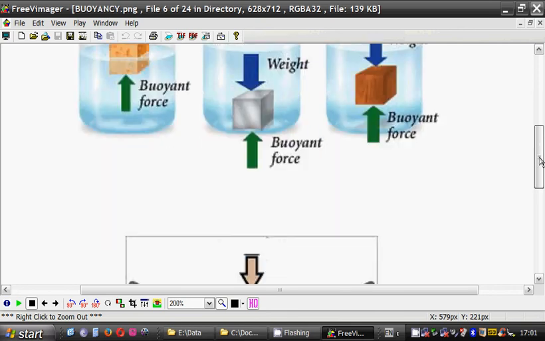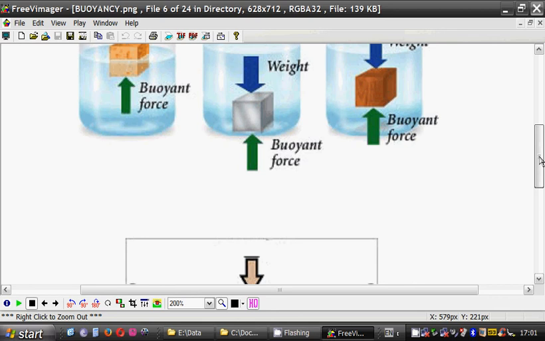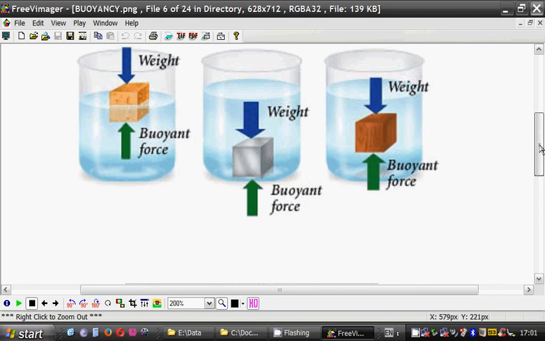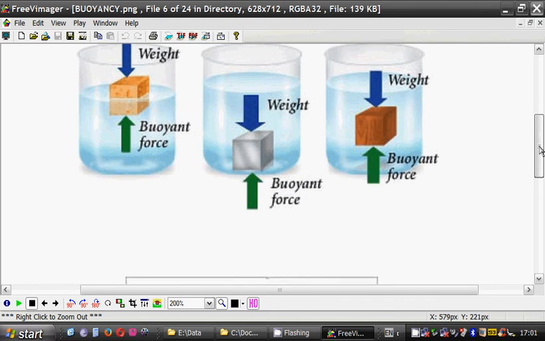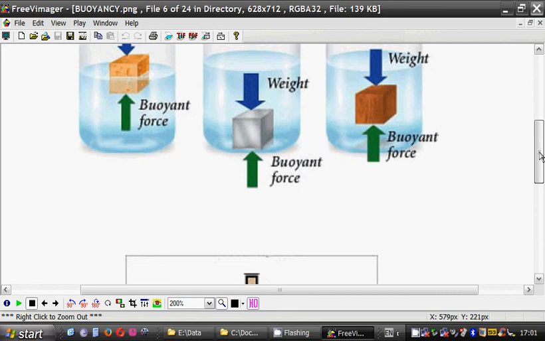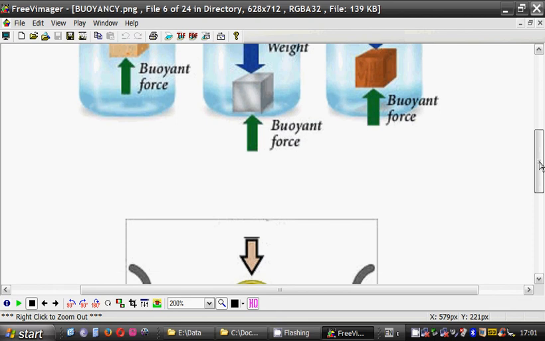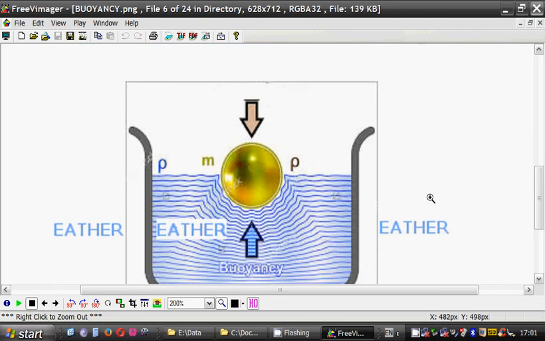So could it be that this gravity thing is related to mass and density? So maybe what we see as gravity is actually buoyancy. I think that is the case. So let's imagine that there is ether all around us, outside this container and inside this container.